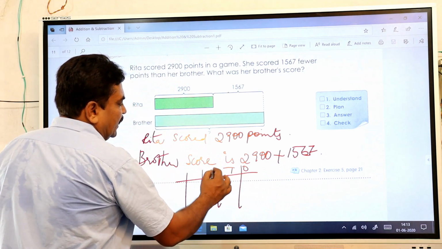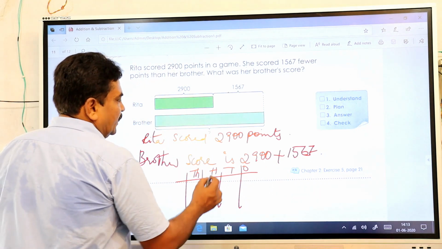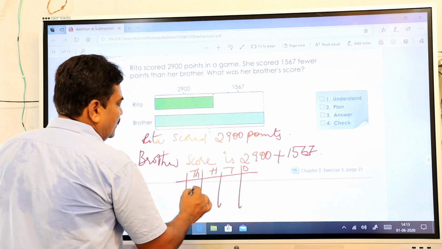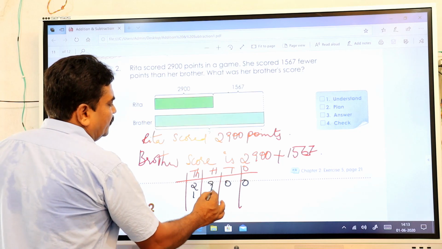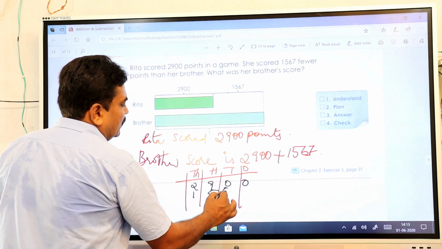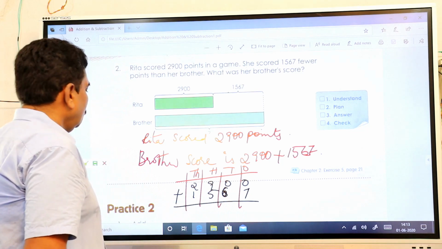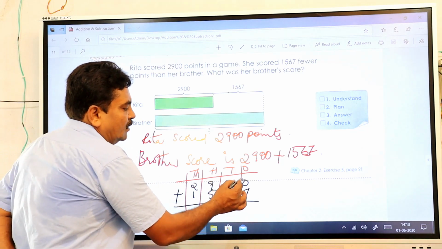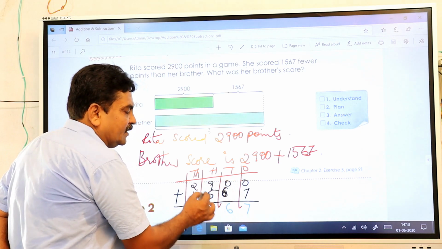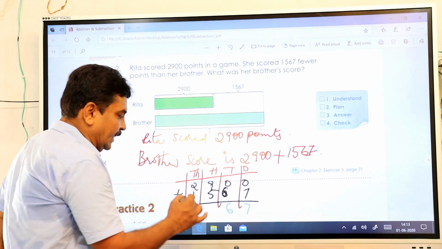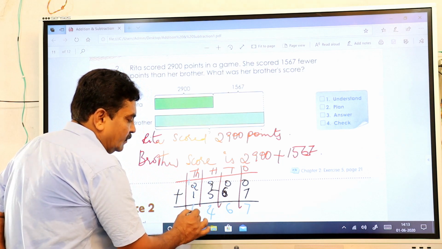This is ones, tens, hundreds and thousands. The first one is 2,900 and the second one is 1,567. You add these two. 0 plus 7 is 7, 0 plus 6 is 6, 9 plus 5 is 14, 4 carry 1, 1 plus 2 is 3, 3 plus 1 is 4.